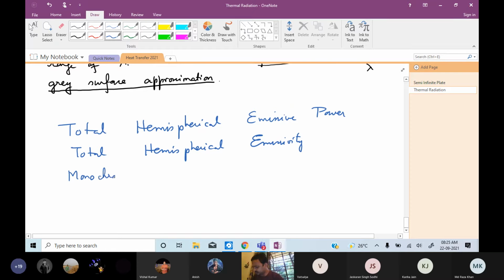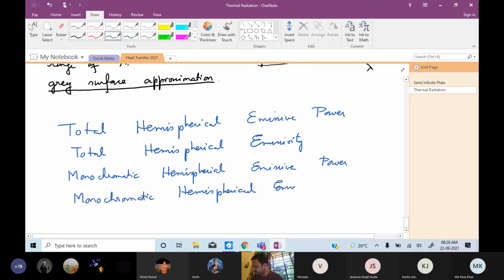Monochromatic hemispherical emissive power. Monochromatic hemispherical emissivity, and finally gray surface. These are the 5 things that we have defined.